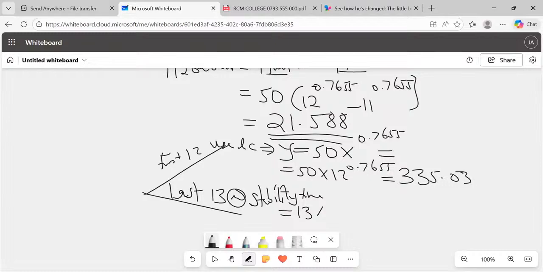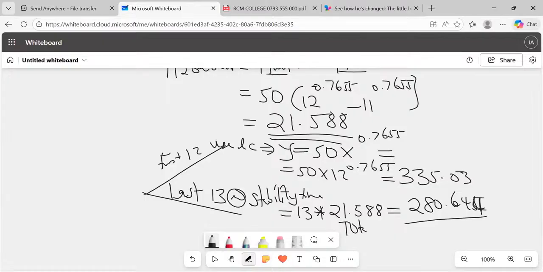So it will be 13 times the stability time of 21.588, which gave us 280.644. So please give me the total time for the first 25 units. 615.674. That is the correct answer.